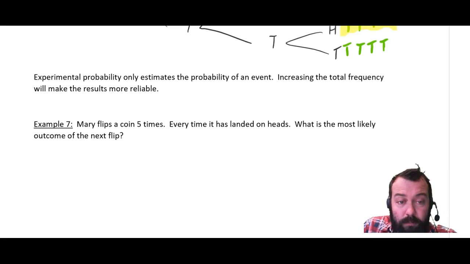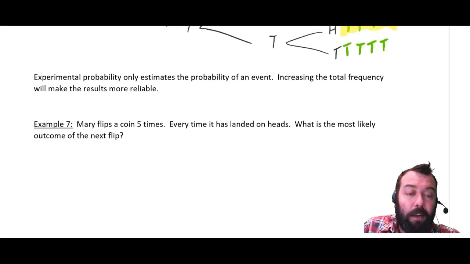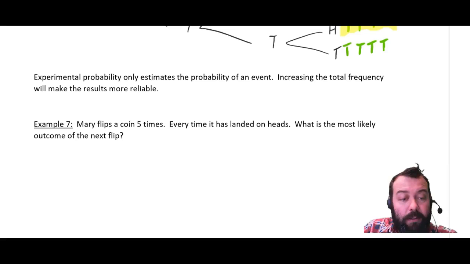Not the case at all. What's happened in the past for these independent events won't affect what happens next. It's a regular coin, it might have landed on heads 5 times, but in fact there's no most likely outcome. I have an even chance, that is a 0.5 chance, of heads or tails.